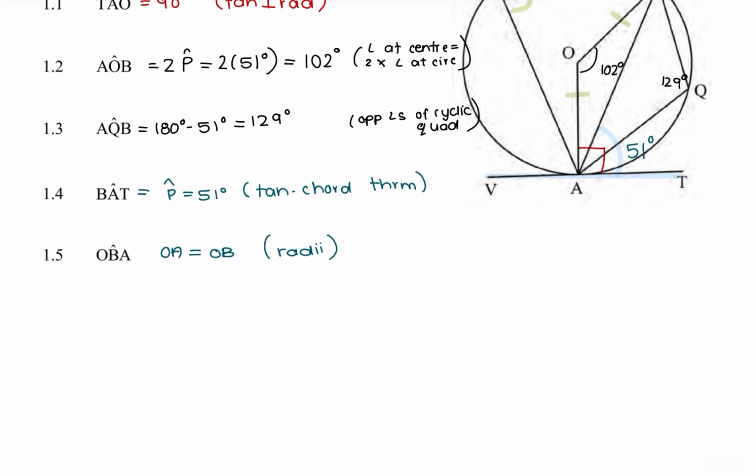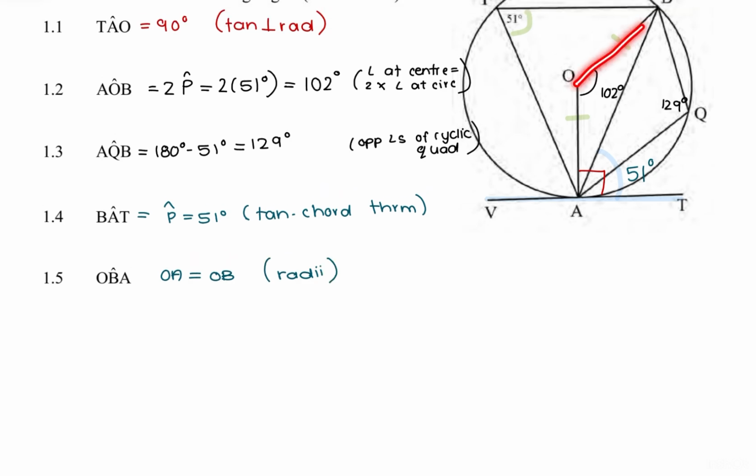And because of that, can you see that we have an isosceles triangle? Which means that angle OBA is the same as angle OAB. Your reason for that would have been angles opposite equal sides because it's an isosceles triangle.